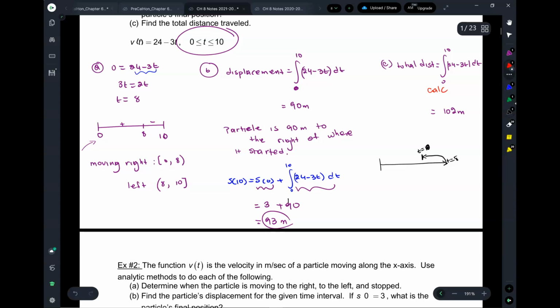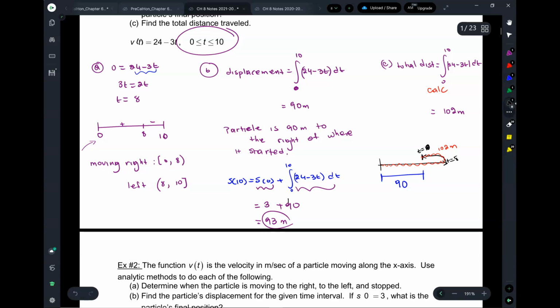The whole distance that it traveled was 102 meters. However, this distance in the blue is how much? Just 90, because the displacement was 90.